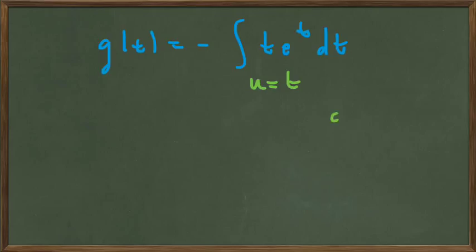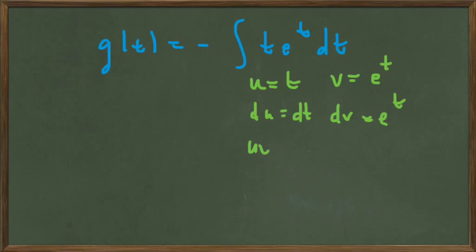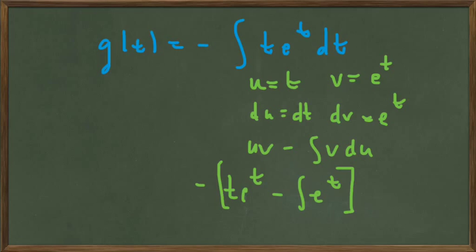So u is t, dv is e to the t, we need the du, which is dt, and we need the v, which is e to the t, and then the parts formula, uv minus the integral of v du is t e to the t minus the integral of e to the t. We had a minus sign out in front of all this, so we get what? Minus t e to the t minus minus e to the t, or plus e to the t plus c is our g of t.